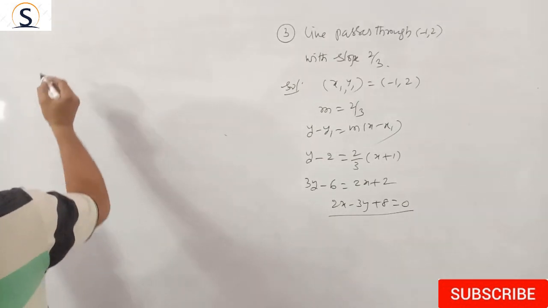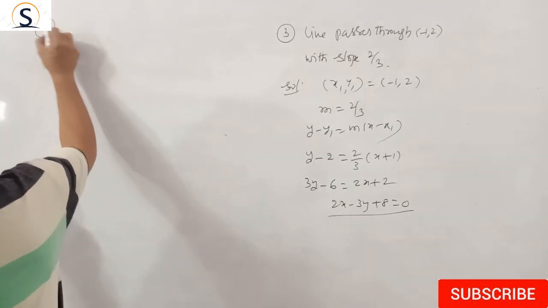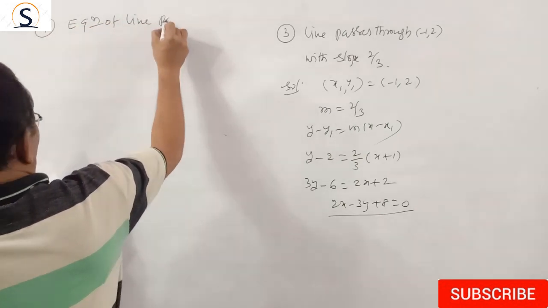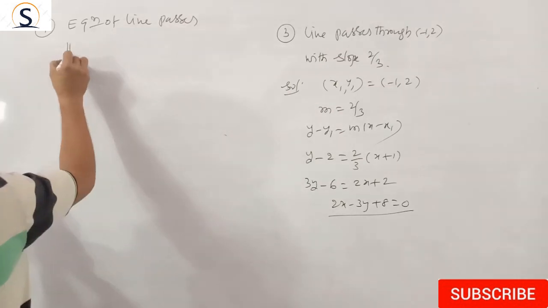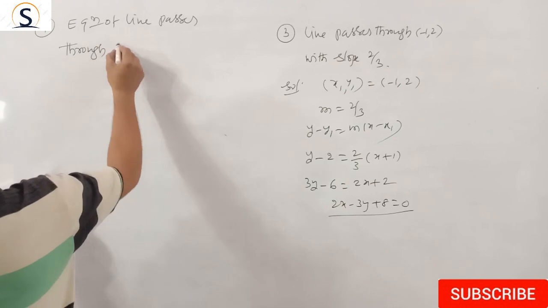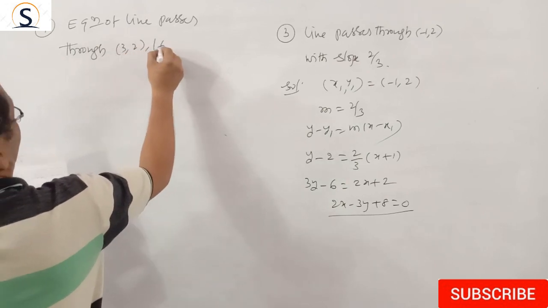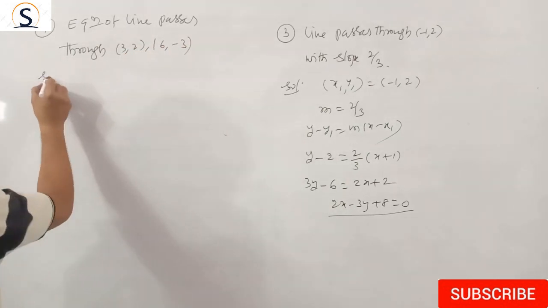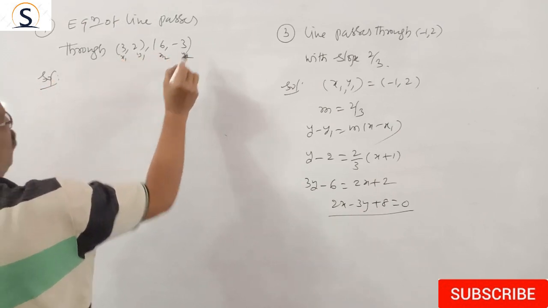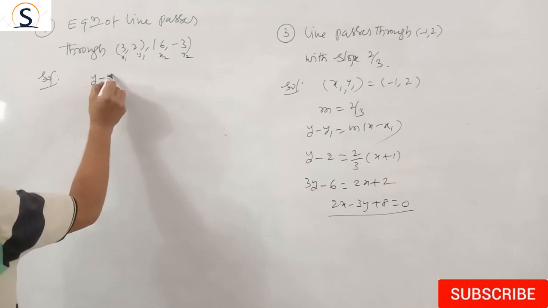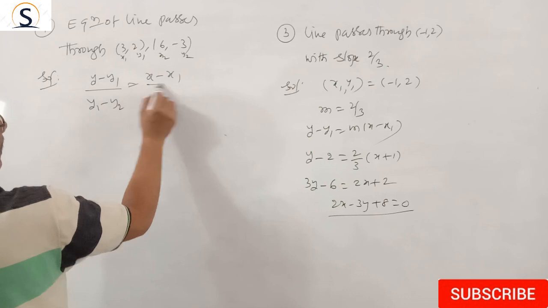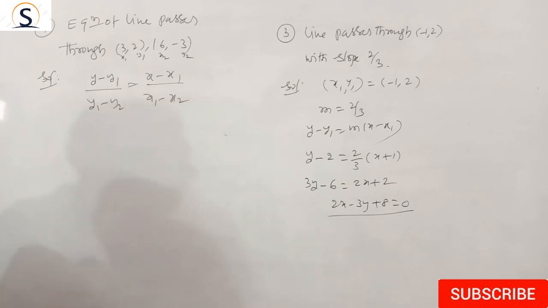Next, the fourth one is equation of line passes through 3, 2 and 6, minus 3. Simply you take it as x1 y1 x2 y2, two-point form. Y minus y1 by y1 minus y2 is equal to x minus x1 by x1 minus x2.